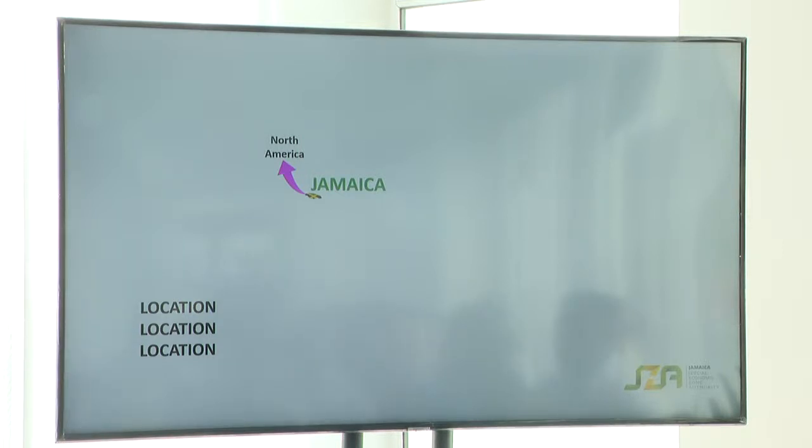We sit in the middle of a market of about 800 million persons. For the BPO sector, we frequently hear them speak about being on the same time zone as New York. All of these locational advantages are critical, but the advantages that we have do not just relate to North America.